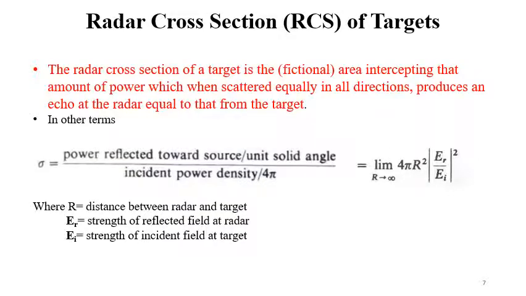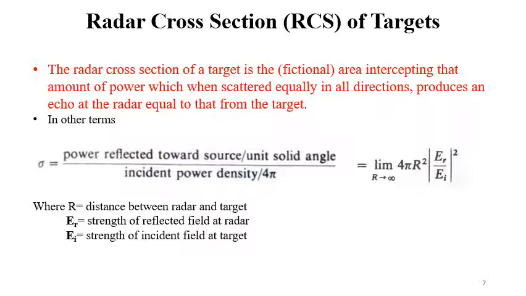Now you have to understand the radar cross section of targets. The radar cross section of a target is the fictional area intercepting that amount of power which, when scattered equally in all directions, produces an echo at the radar equal to that from the target.